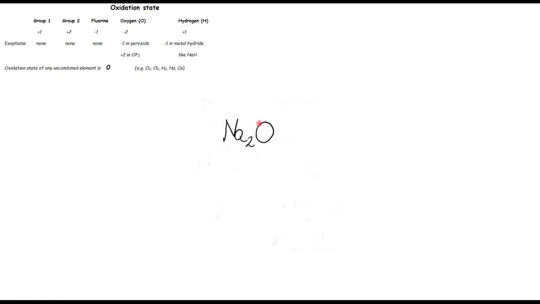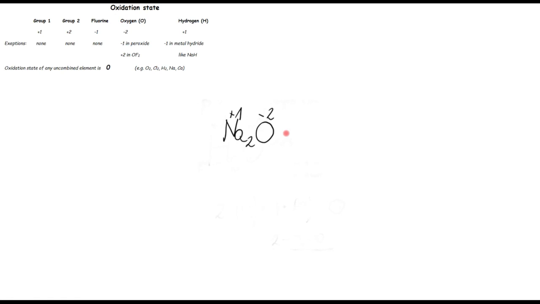Let's do it again for sodium oxide. As we see, oxygen has an oxidation state of -2 from the table, and sodium belongs to the first group of the periodic table, so it's +1.